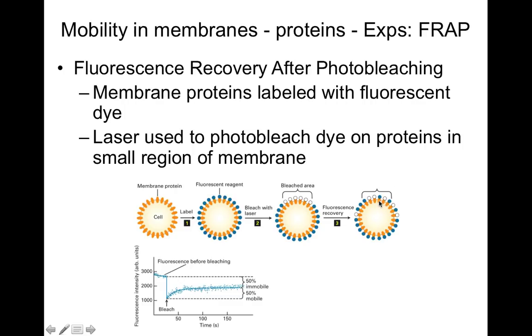Whereas those proteins that are still stained blue, or that have the fluorescence, were more mobile, and could diffuse laterally and freely amongst the membrane. So again, fluorescence recovery after photobleaching shows that the cell membrane is in fact composed of a mixture of proteins that can diffuse freely and those that cannot. That's the takeaway on that.